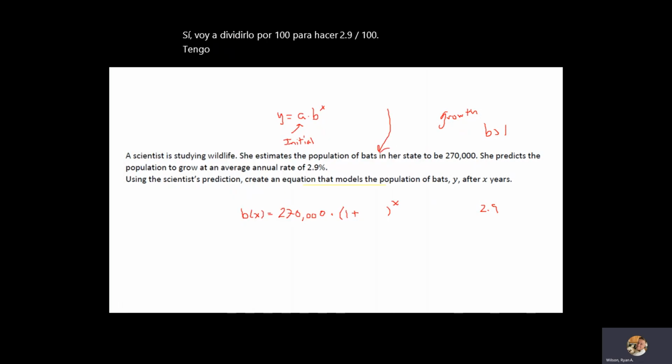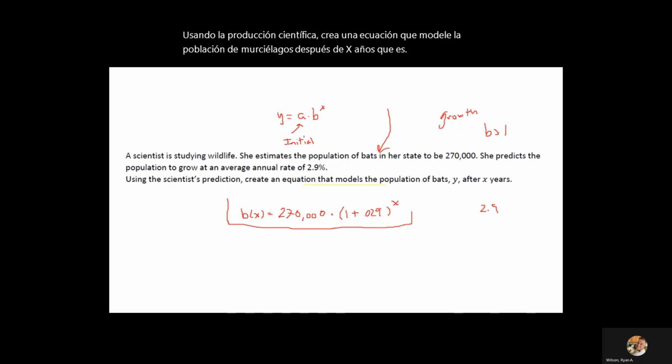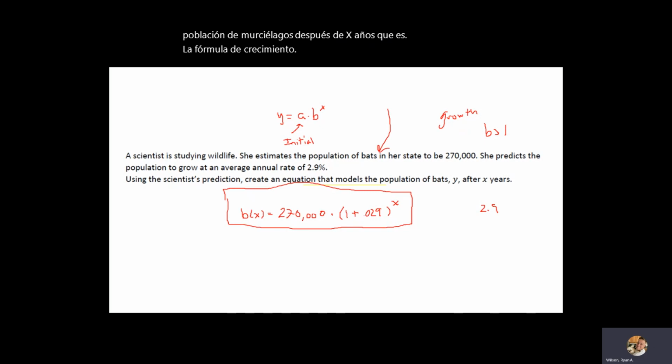So 1 plus 0.029 to the x. Using the scientist's prediction, create an equation that models the population of bats after x years. That is the growth formula for the number of bats that the scientists are studying.